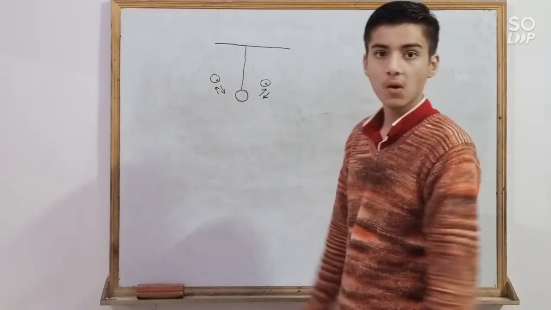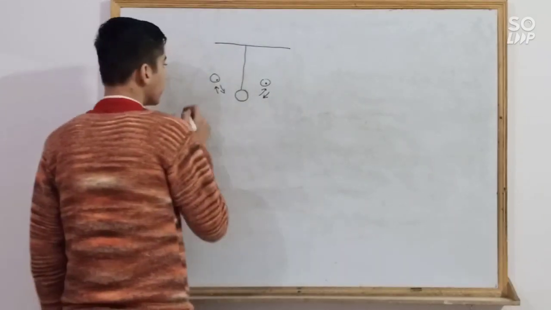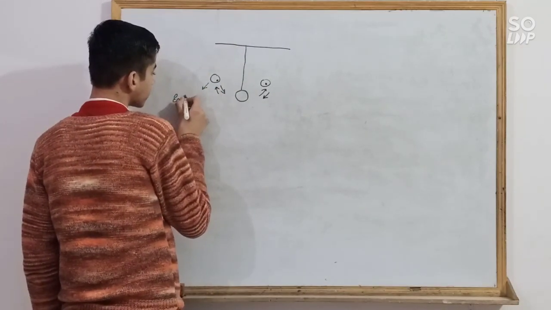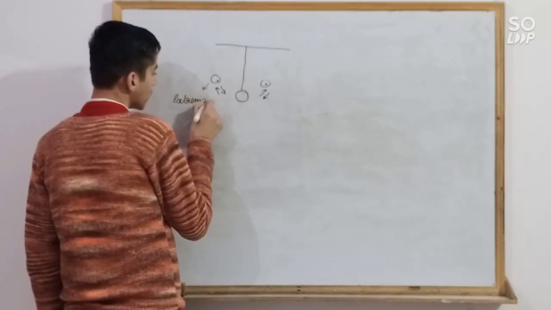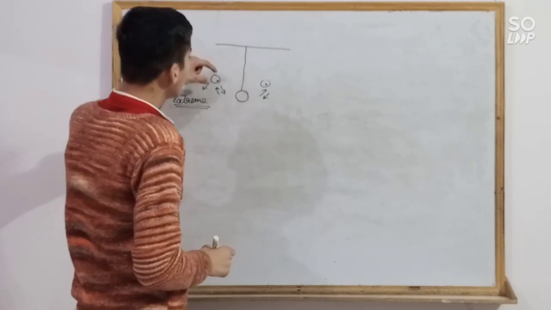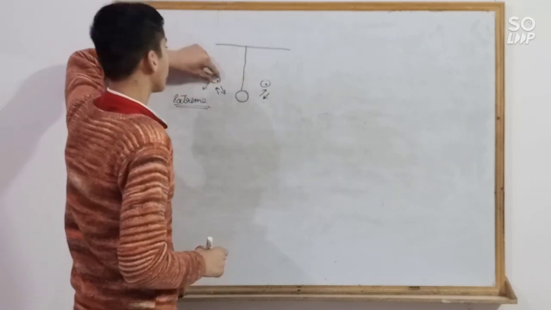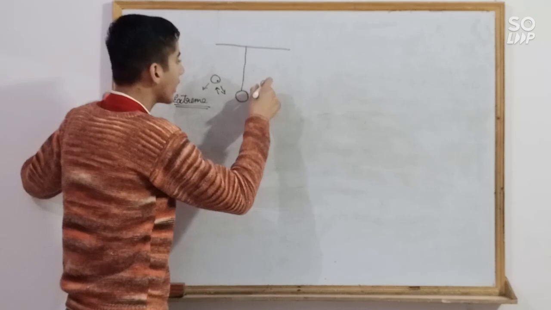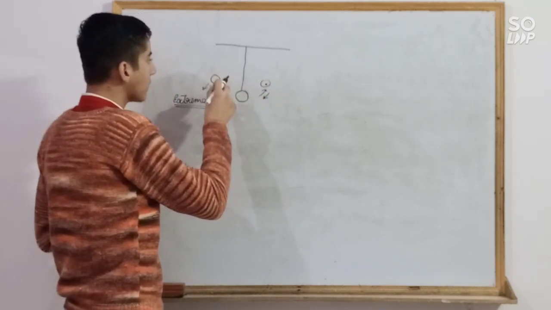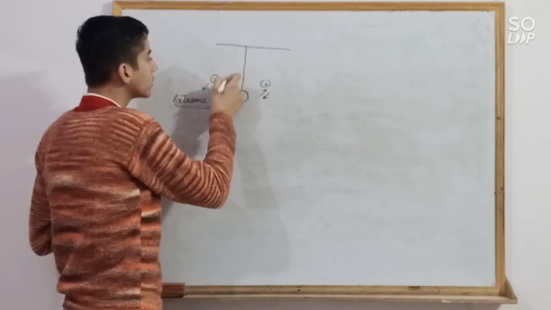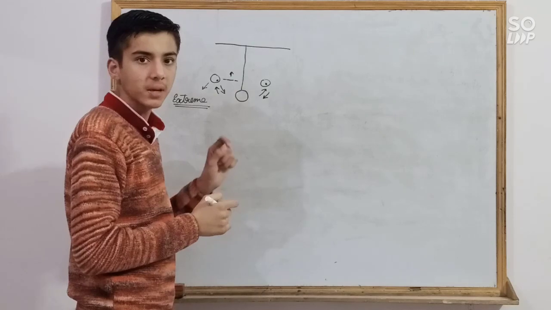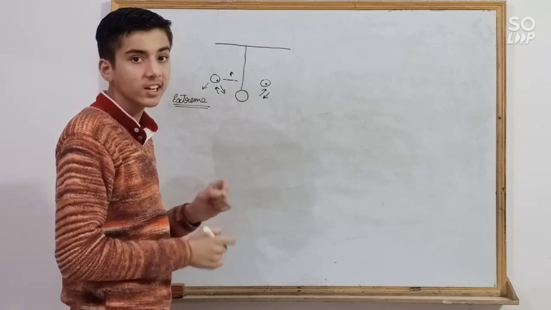And this position from where we are releasing the pendulum is called the extreme position. Why is it called the extreme position? Because suppose we are releasing the bob of the pendulum from here, then it will move here, and when it returns, it will not be able to move further than this position because of the conservation of energy.